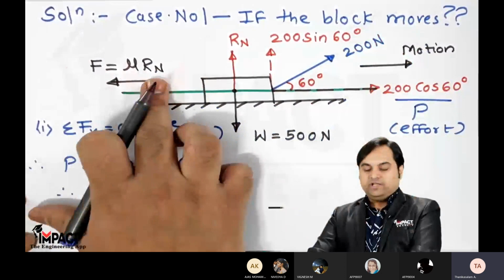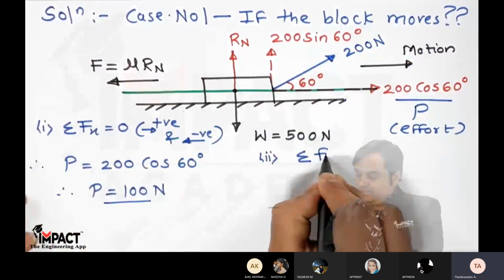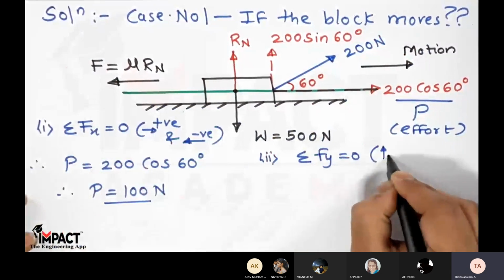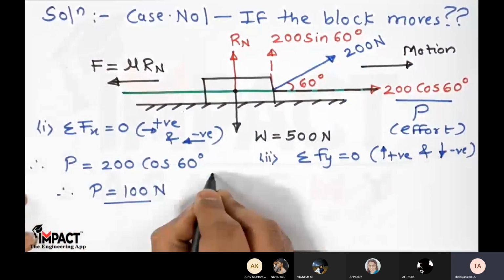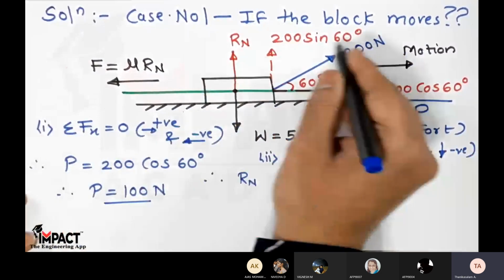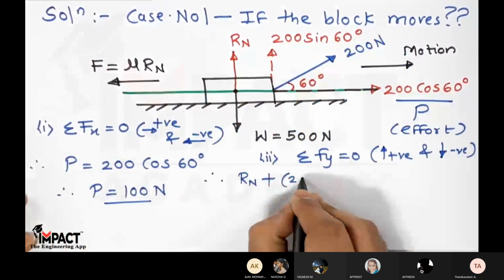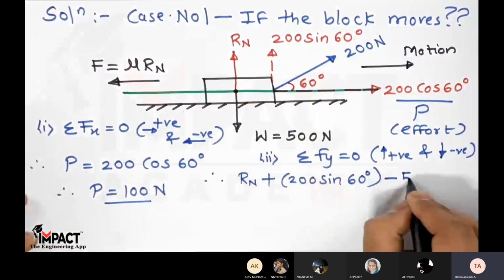For that, using the second equilibrium condition, summation of Fy equal to 0, upward forces positive and downward forces negative. Rn is acting upward, positive, 200 sin 60 acting upward, and 500 Newton, that is weight, acting downward, so minus.